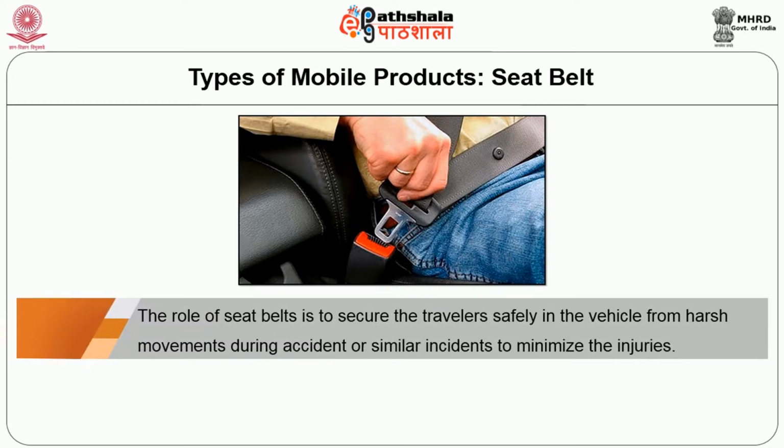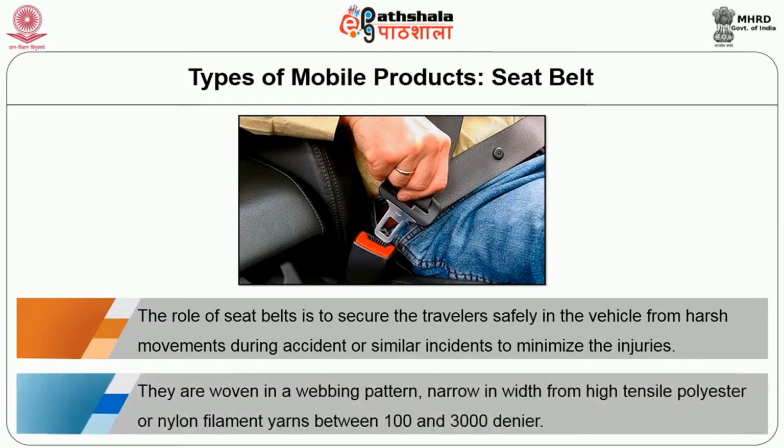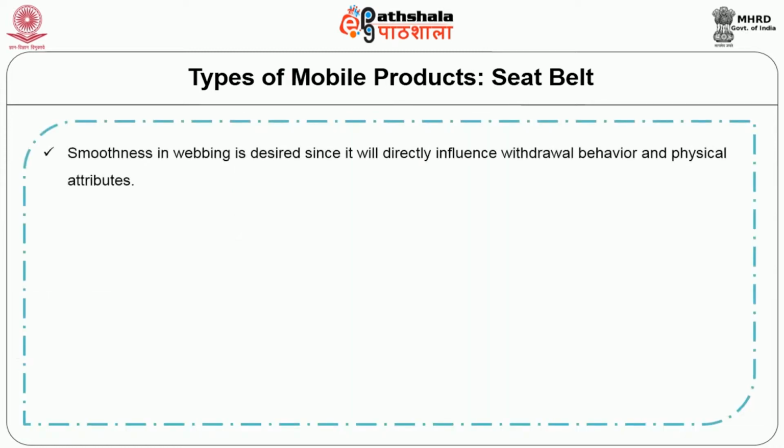The role of seat belts is to ensure the traveler's safety in the vehicle from crash moments during accidents and similar incidents, to minimize the injury. They are woven in a webbing pattern, narrow in width, with high tensile strength polyester or nylon filament yarns between 100 to 3000 denier.